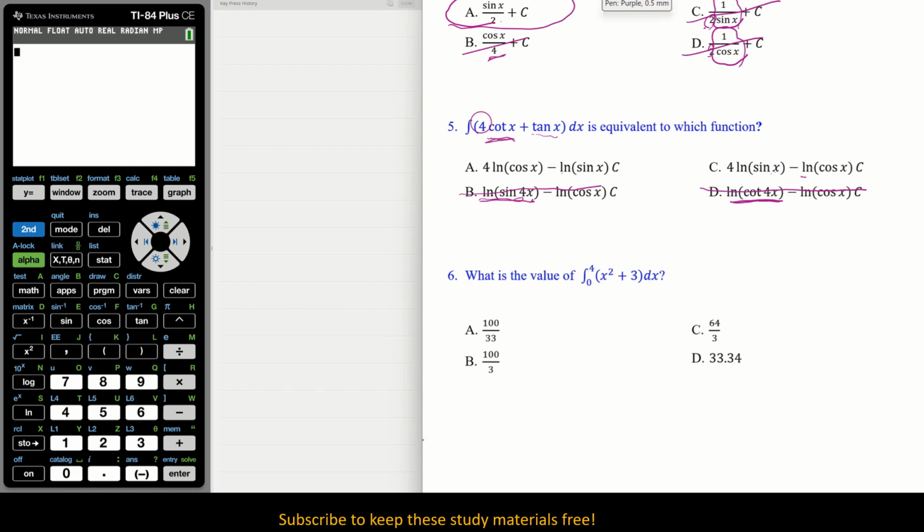Cotangent, it should integrate to become sine. And tangent and positive, it will be positive. So A is positive, but that is not sine.